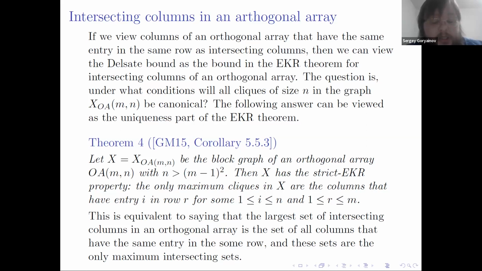The only maximum cliques in X are the columns that have entry i in row r for some i between 1 and n inclusive, and some r between 1 and m inclusive. This is equivalent to saying that the largest set of intersecting columns in an orthogonal array is the set of all columns that have the same entry in some row. And these sets are the only maximum intersecting sets.